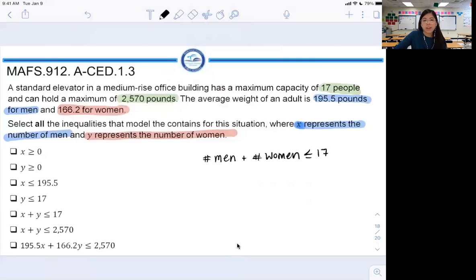Well, X is men and Y is women. So I know that answer choice E is correct.